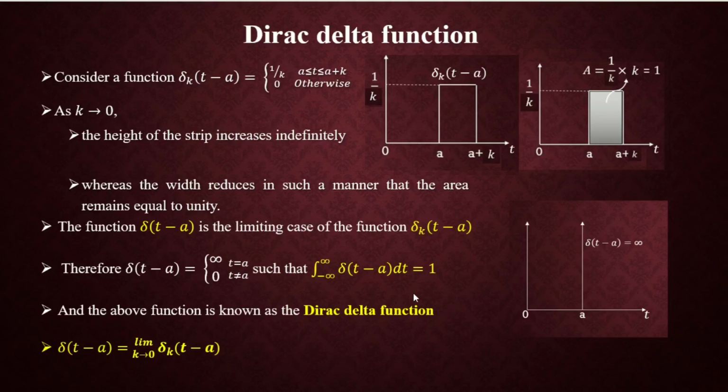That is, area under the curve is always equal to 1. So when these 2 points merge to a single point, at this point the function is equal to infinity. So we can write del of t minus a is equal to limit k tends to 0 del k of t minus a. That is, this function is the limiting case of del k of t minus a.